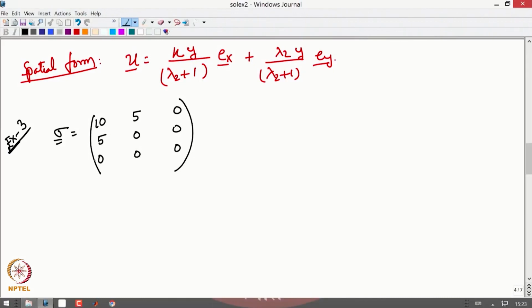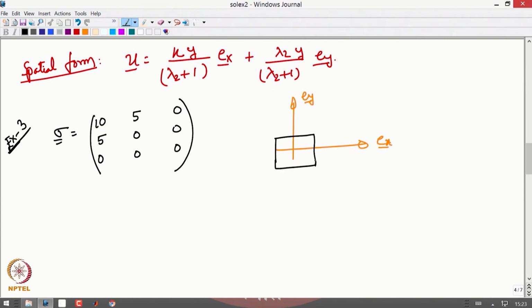I do not want to go for a stress cube because it is a plane stress, one column and one row are zeros. So, I can represent it in 2 dimensions sufficiently. So, I choose my coordinate system to be Ey, Ex, and the rectangular element is drawn like this, an infinitesimal rectangular element.